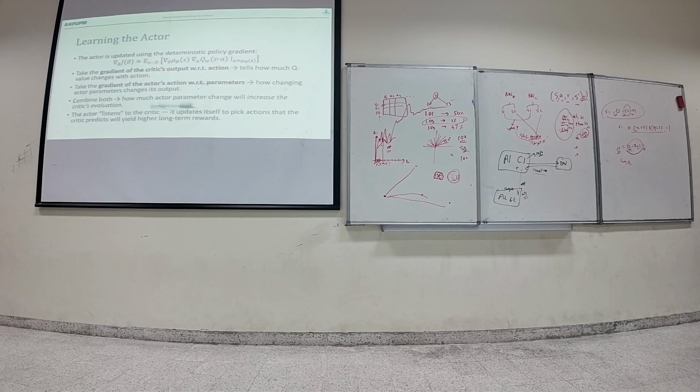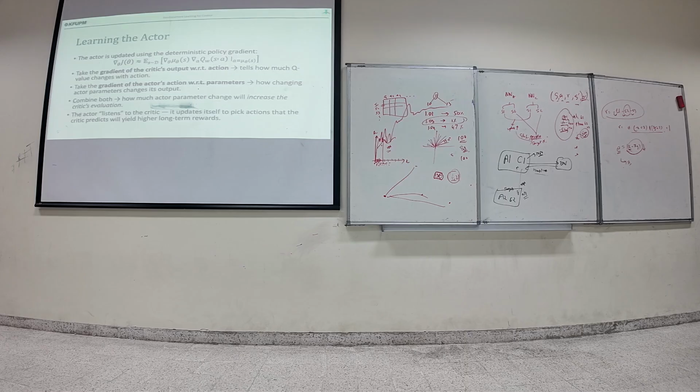Again, here the actor updates its parameters based on the gradient of the critic. Clear? What we are trying to do is see how much a change in the actor parameters will increase or decrease the critic's evaluation. You see the sensitivity of that through this.